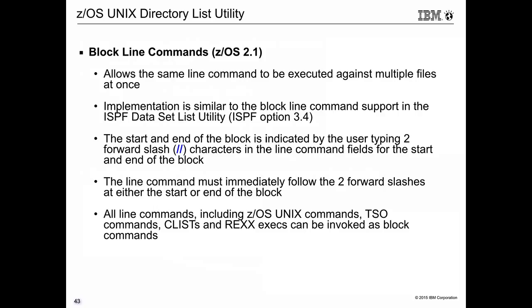We talked about block commands earlier as they applied in the data set list. This pretty much looks like the exact same chart because it's the same idea, but operating instead inside the Unix directory listing. So you can take line commands, Unix commands, TSO commands, CLISTs, REXX execs, all can be executed by prefixing with slashes and doing that at the beginning and the end of the block of files you want to execute it against.